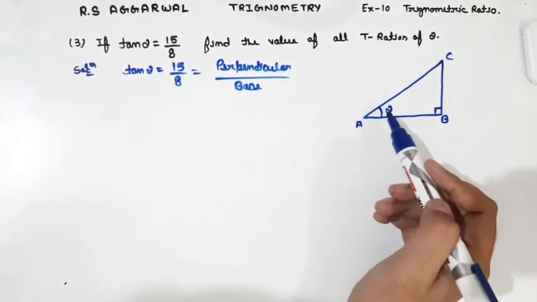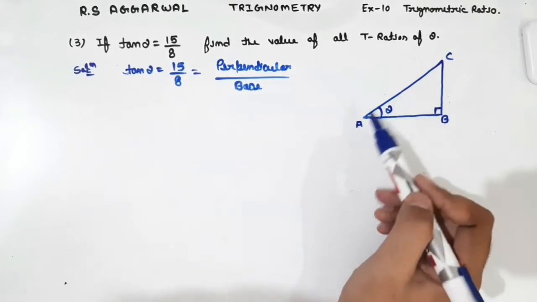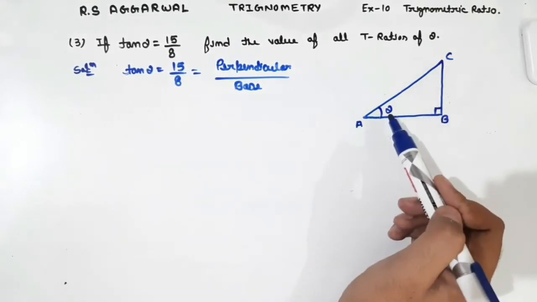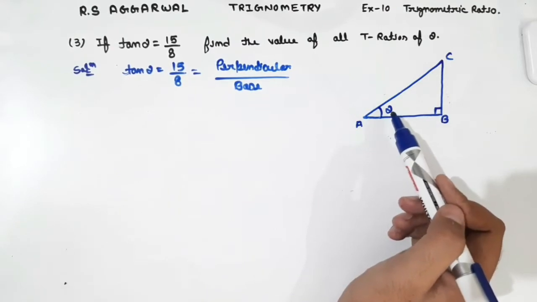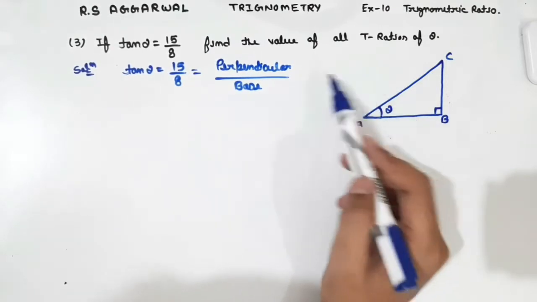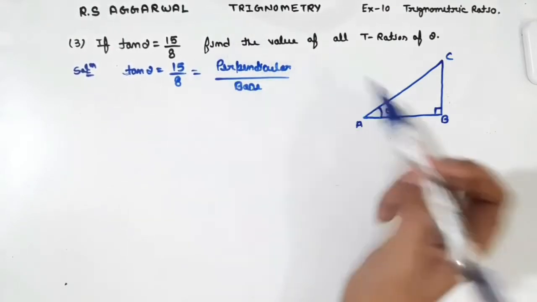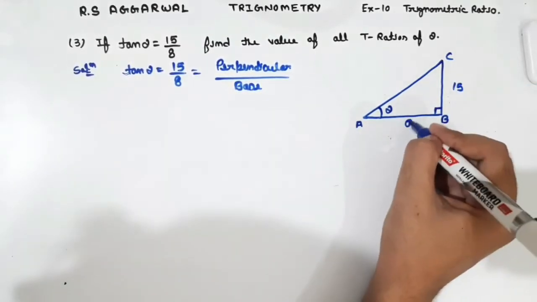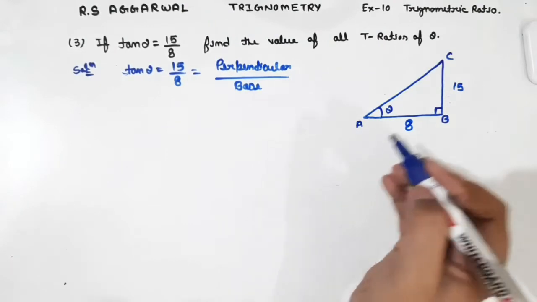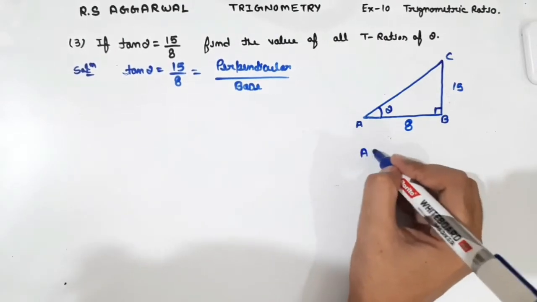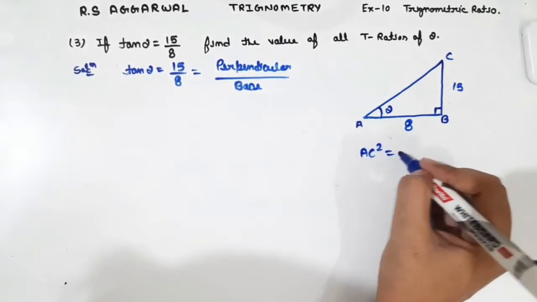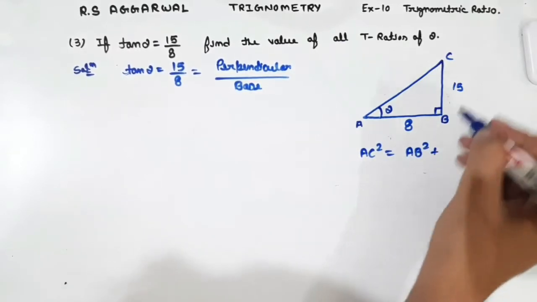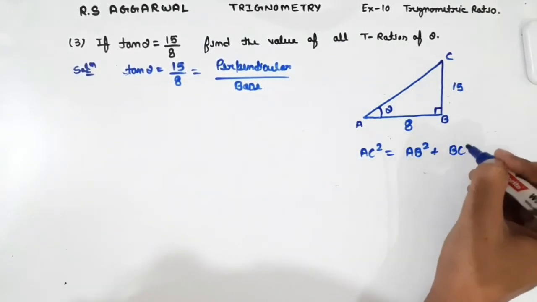So let's draw a right angle triangle ABC, consider angle A as theta. So with respect to angle theta, our perpendicular will be 15. So this is our perpendicular and base will be 8. And in right angle triangle, we know that hypotenuse square, that is AC, is equals to base square, that is AB, plus perpendicular square, that is BC.